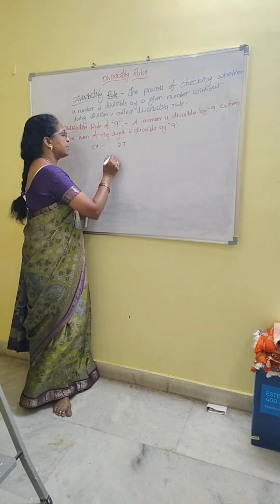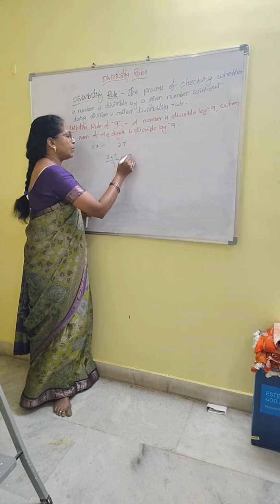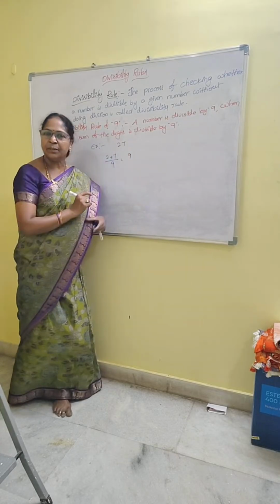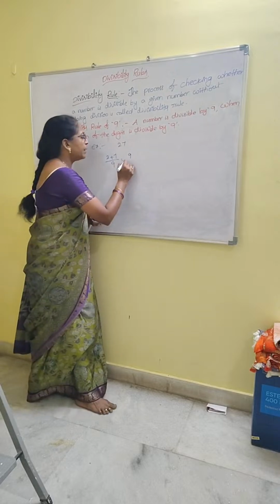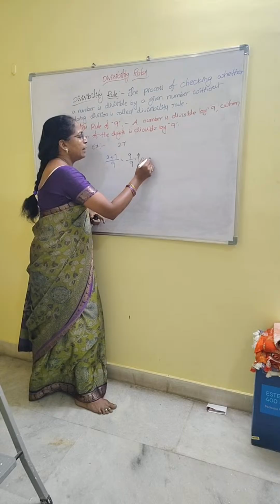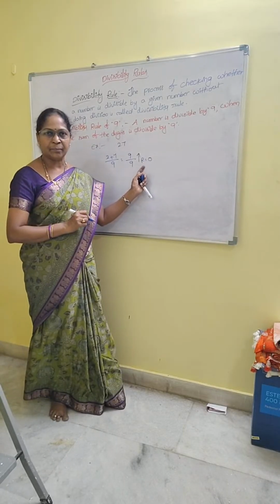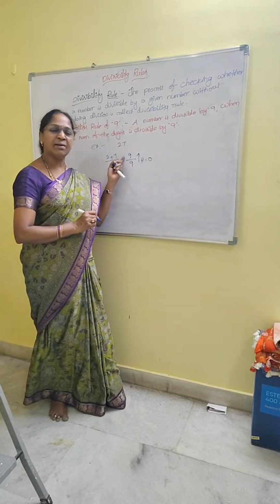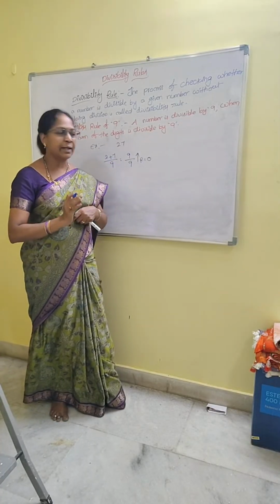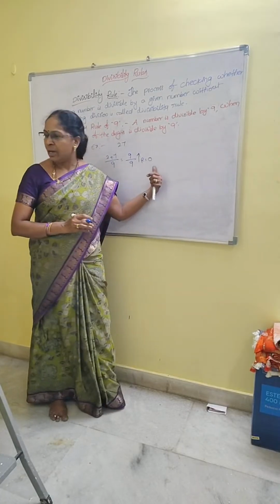So here you have to check: 2 plus 7 divided by 9. 2 plus 7 equals 9. This is the divisibility rule of 9. So you have to divide 9 by 9. 9 by 9, the remainder you are getting is 0. Here r is nothing but the remainder. How many times 9 divides 9, no need to find out here. How much remainder we are getting, that only we have to write down.